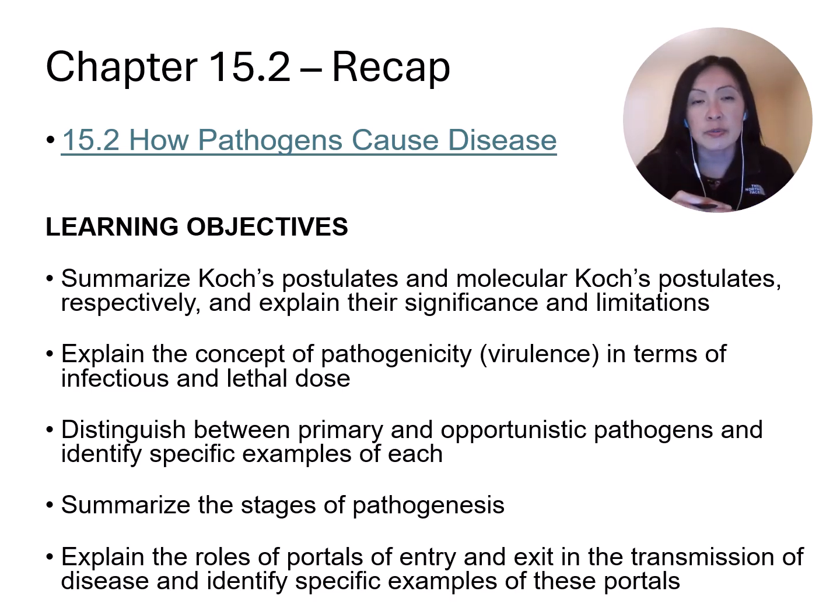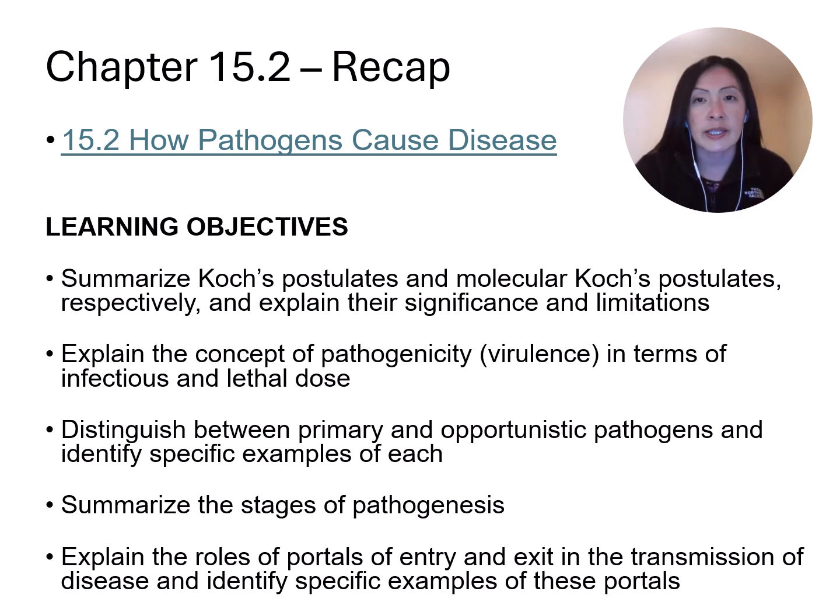In molecular Koch's postulates, we were looking at genes. So specific genes should be only associated with pathogenic strains. Inactivating that gene should reduce or eliminate pathogenicity, and restoring the gene would restore that disease-causing ability. So going back to classic Koch's postulates, the significance was that these established a systematic way to link a microbe to a specific disease, but there were limitations, like some pathogens are found in healthy people, or some can't be cultured, or others don't cause disease in animals, such as HIV.